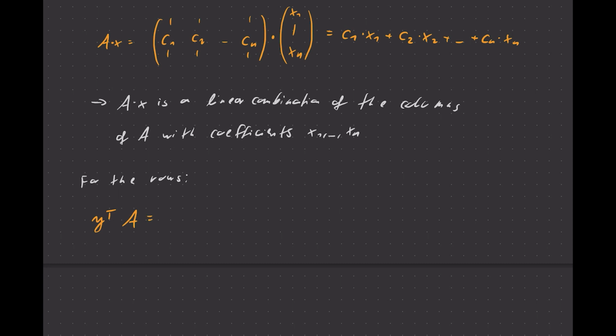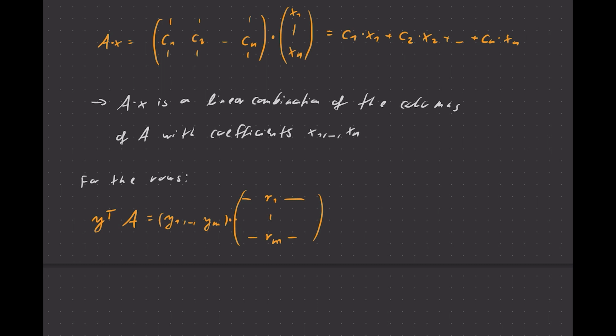So what we do here is we have something like y1 to ym times, and now we have this matrix A that is composed of rows, row 1 to row m, like this.